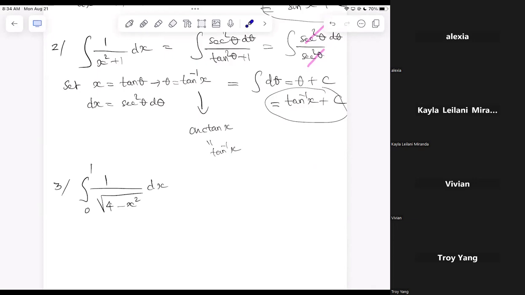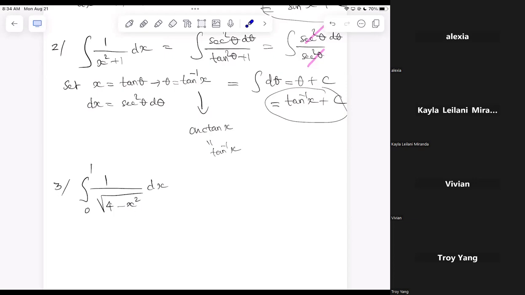Okay, how can we deal with this problem? Remember, we only need to know 2 types of trig substitution, which are sine theta and tangent theta. So in this case, do you use sine or tangent? Anyone?